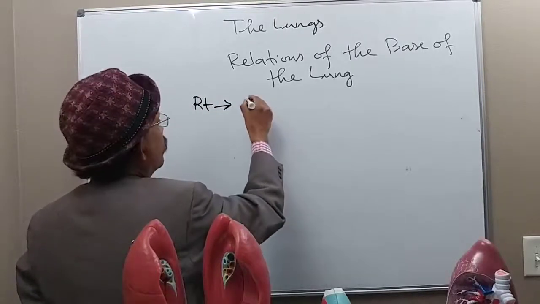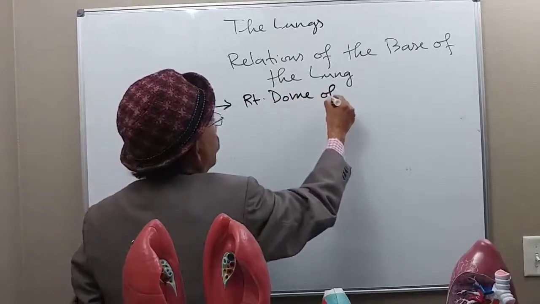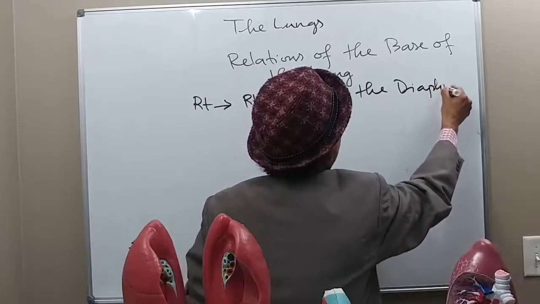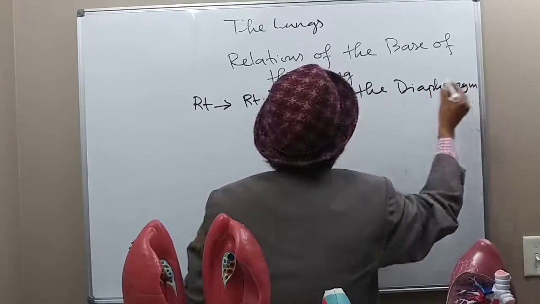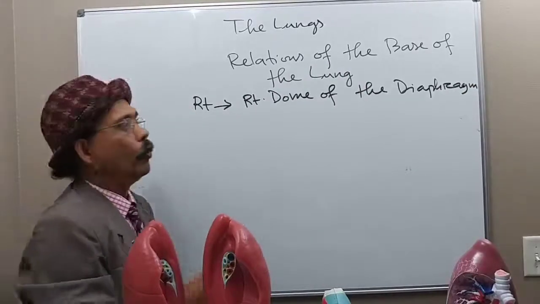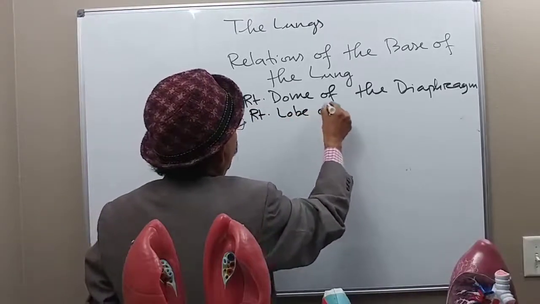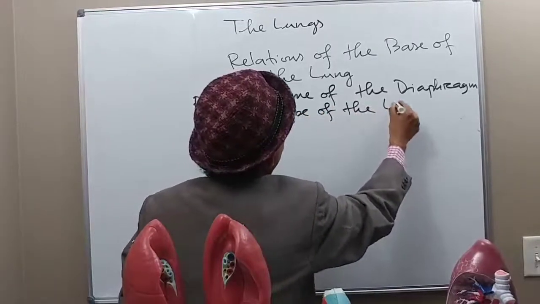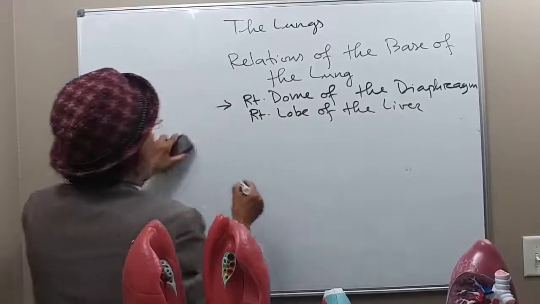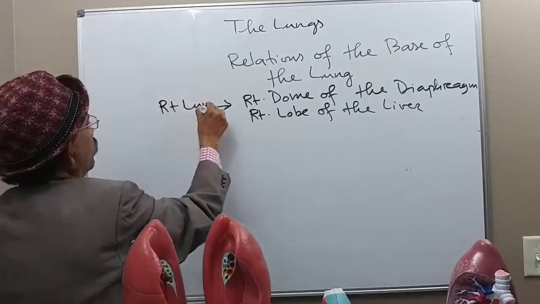The lung is resting on the right dome of the diaphragm, and underneath the right dome of the diaphragm is the right lobe of the liver. So the right lung base is related to this.